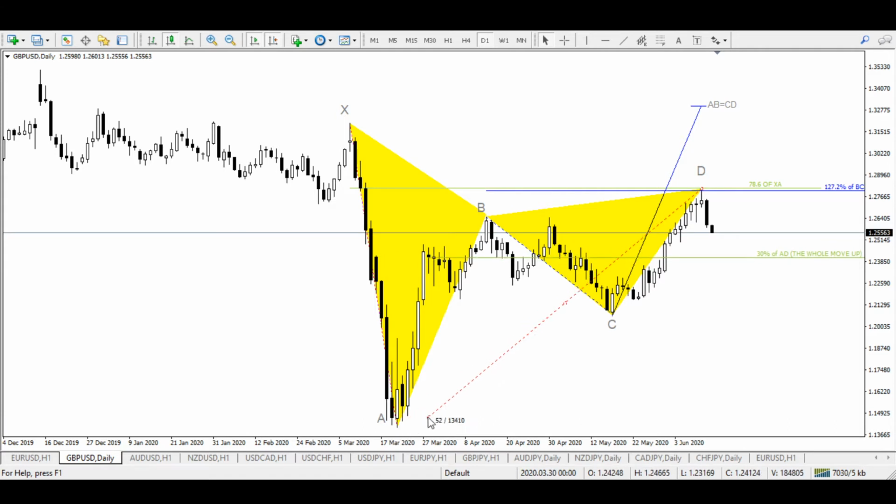Here, this whole move is from point A to point D. So this 30% of AD is the whole move up, and this will be the short-term target for this bearish movement, and this is supported by the delay in negotiation for a trade deal between the European Union and the United Kingdom. So as there is a delay, that will support a little fall in the pound. So this will be the destination.